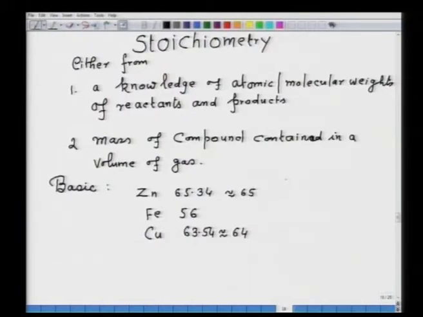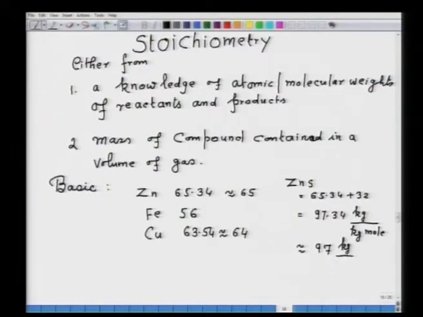Now, for example, if you want to calculate the molecular weight of zinc sulphide, it will be equal to 65.34 plus 32, that is equal to 97.34. Now, remember the unit is kilogram per kg mole, or approximately you can put 97 kg per kg mole.